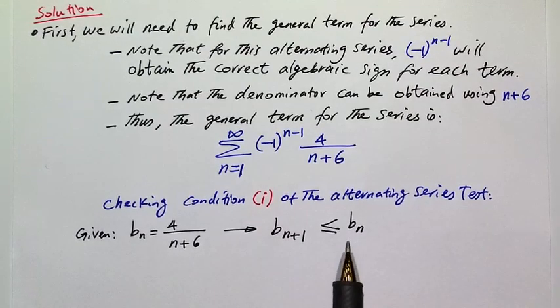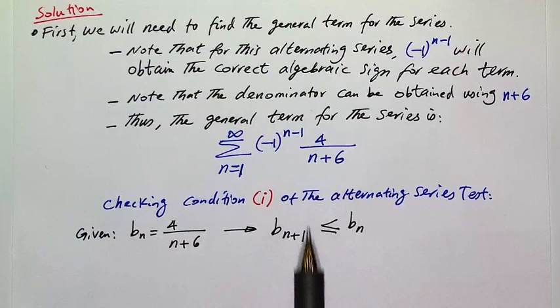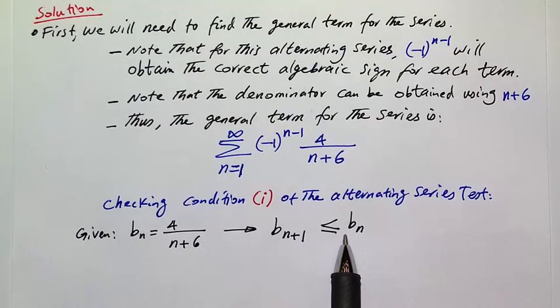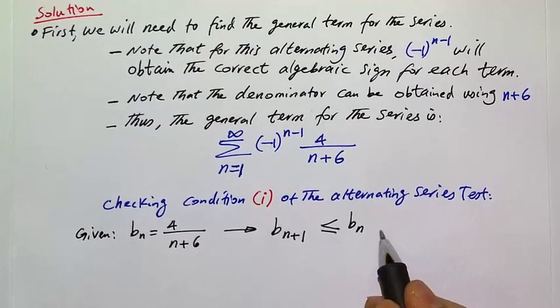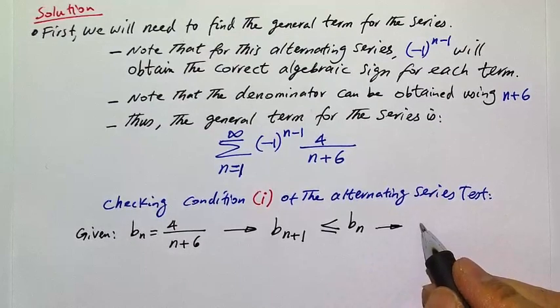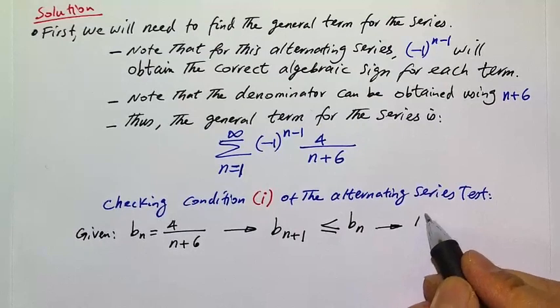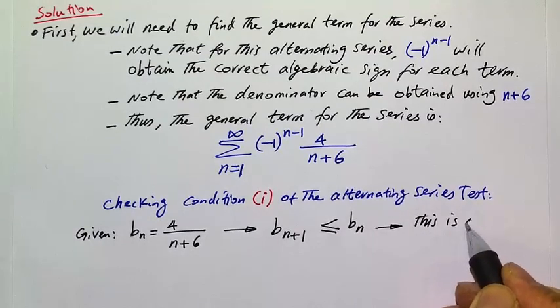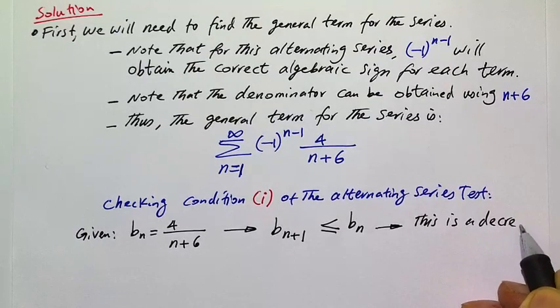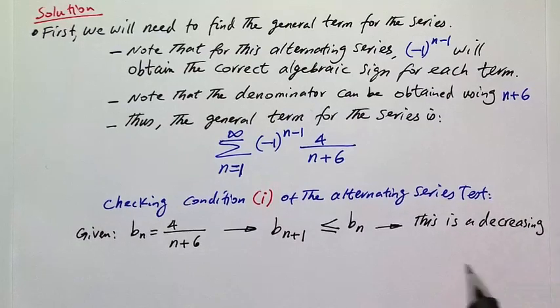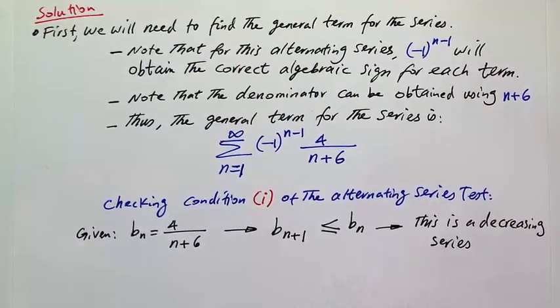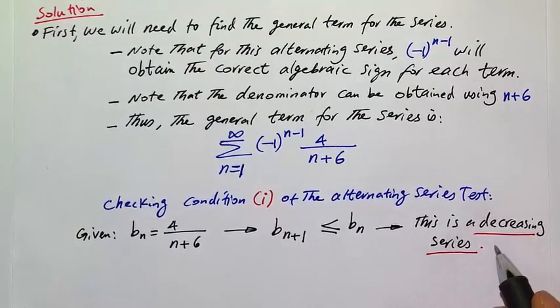In fact, it will never be equal to bn. It will always be less than bn. Therefore, this is a decreasing series. So it satisfies condition 1.